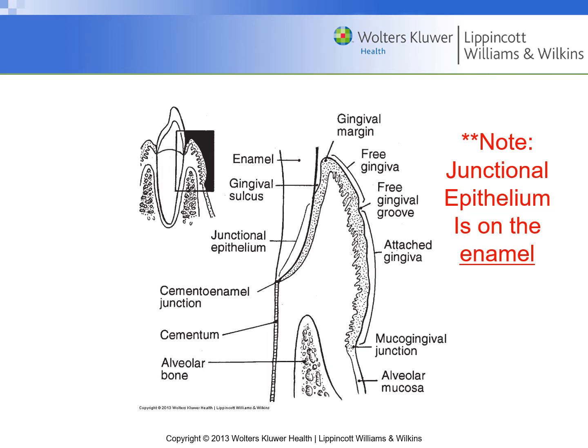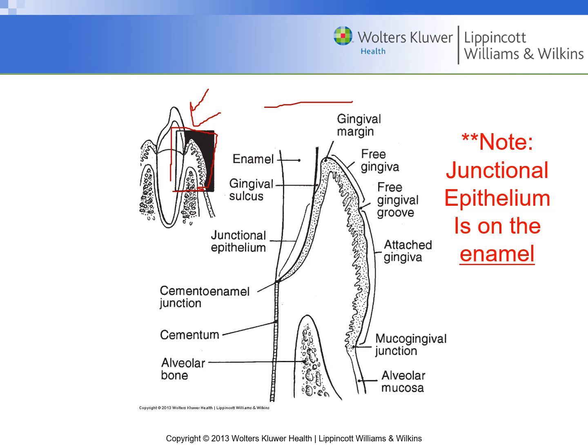Okay, so this picture is going to be showing you the junctional epithelium. And what's important for you to know is that the junctional epithelium is on the enamel. So this is a larger picture of this right here. You can see that they just cut out a bit of the tooth and the root over here, and just cut that little section out.